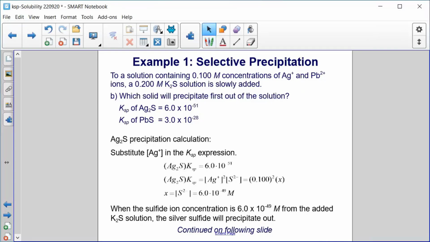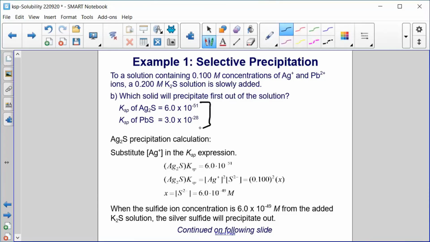Okay, in part B, we're asked which solid will precipitate first out of the solution, and we're given these two Ksp values. So let's first do the precipitation calculation for the silver sulfide. Into the Ksp expression, we know the concentration of the silver as 0.1 molar, given in the original problem.